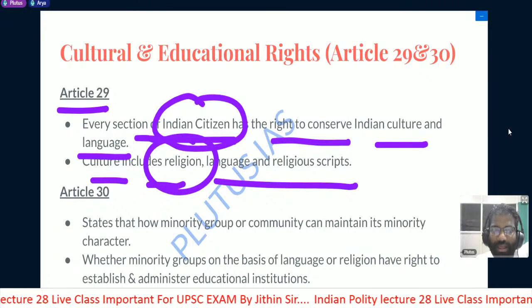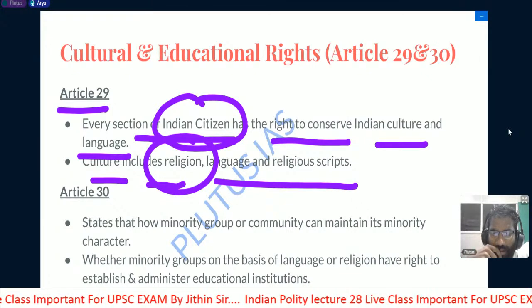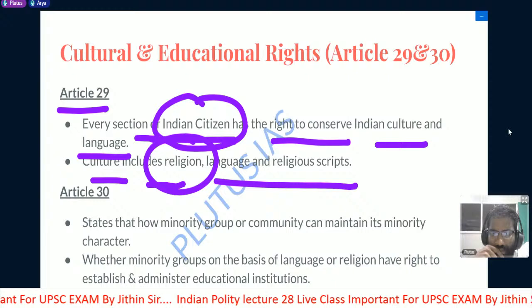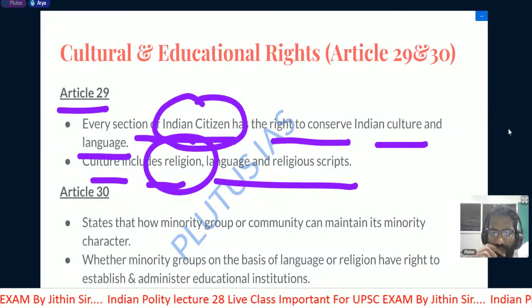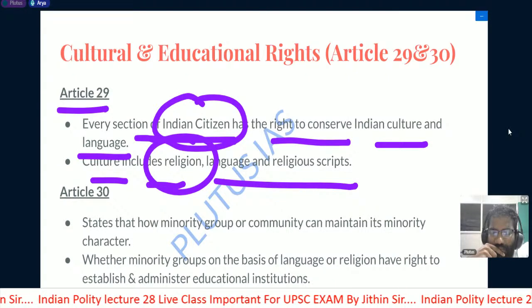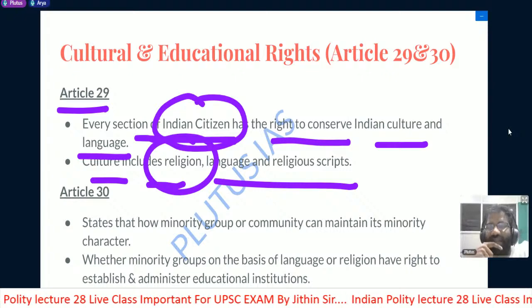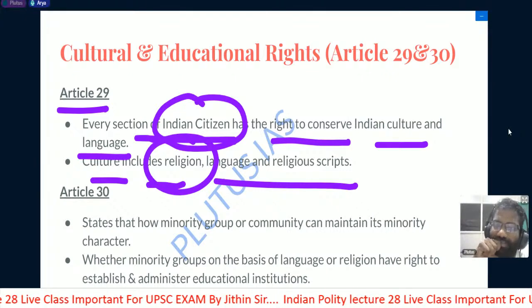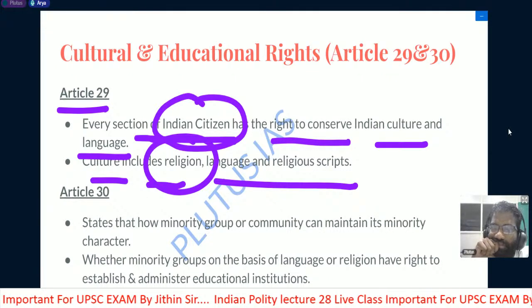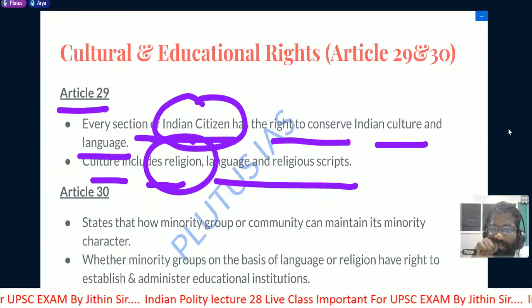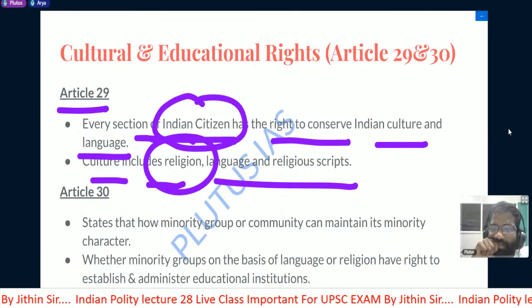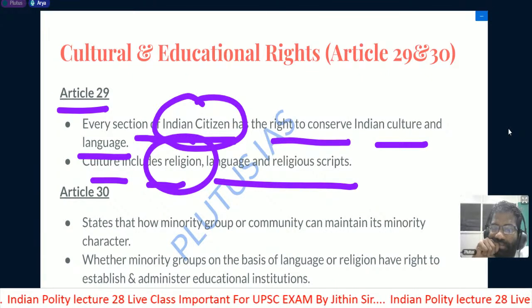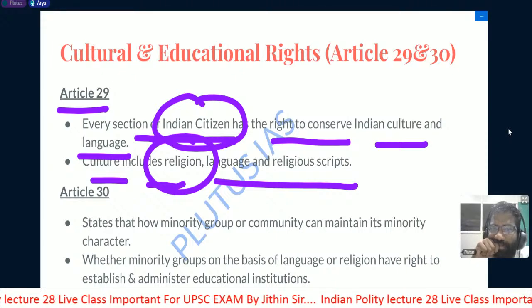Okay. So, what about imposition of a national language like Hindi as a medium? It's not violating this, right? How is it violating? Government is imposing Hindi as a must language or a compulsory language, and that will be a problem for this article, right?